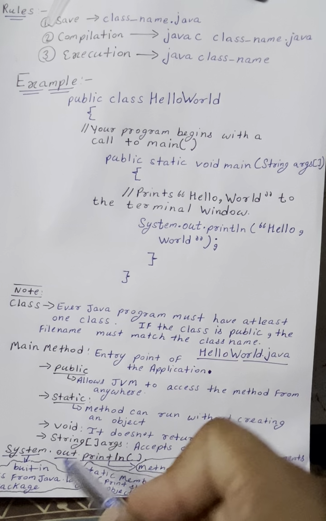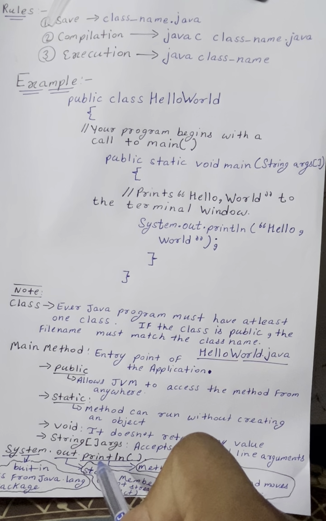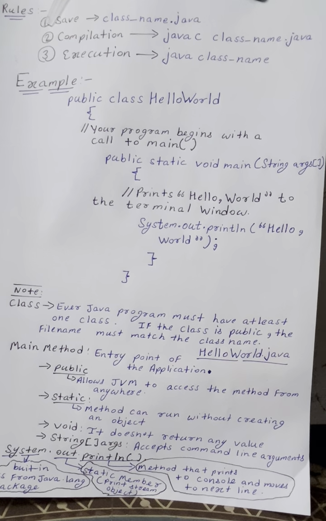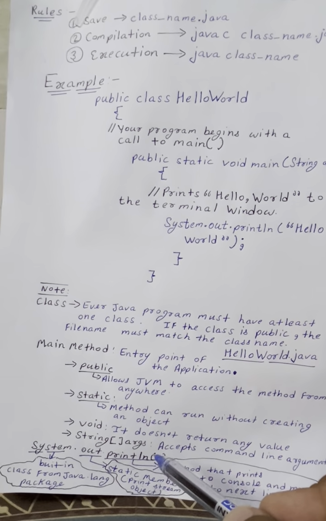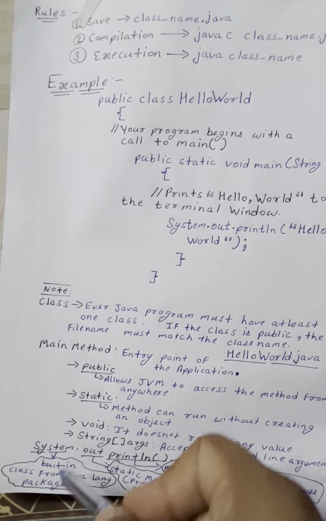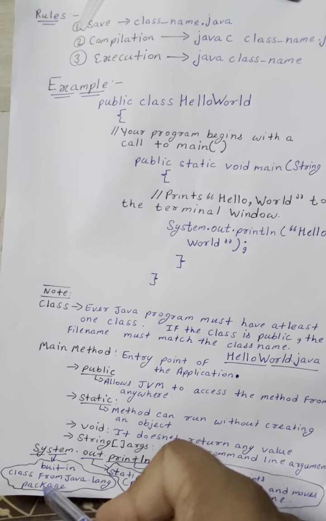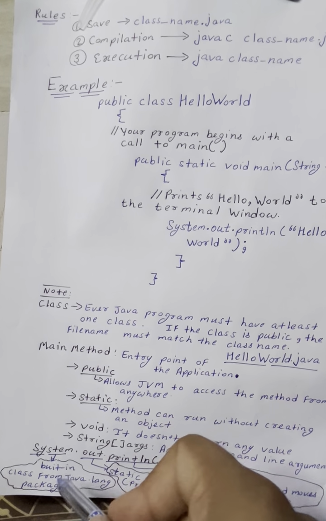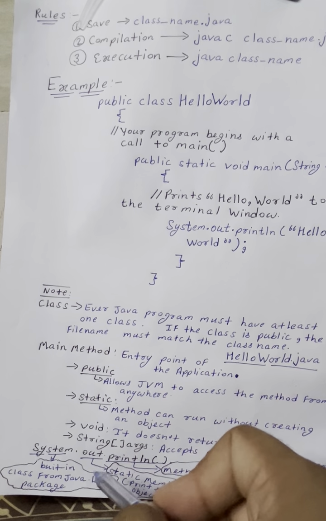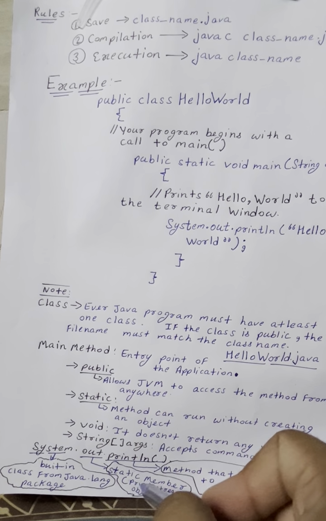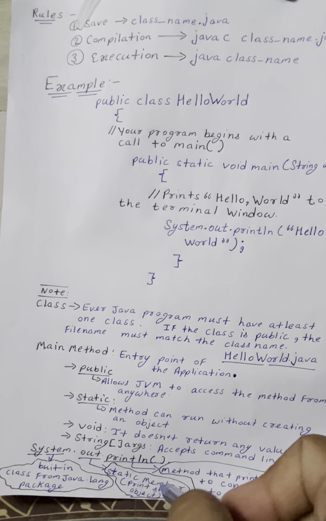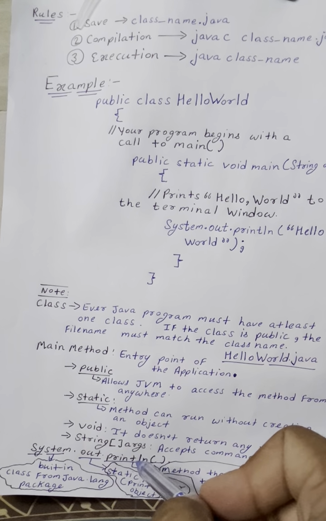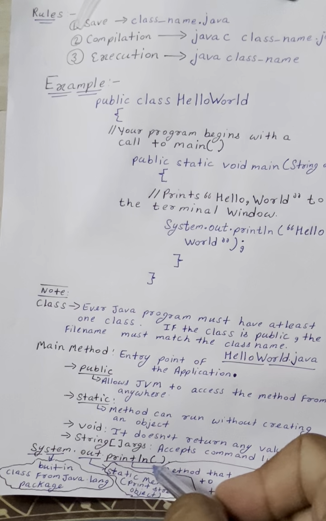Last but not least, system.out.println. As you can see, in this, system is a built-in class which is taken from java.lang package, and out is a static member. So last thing is println.